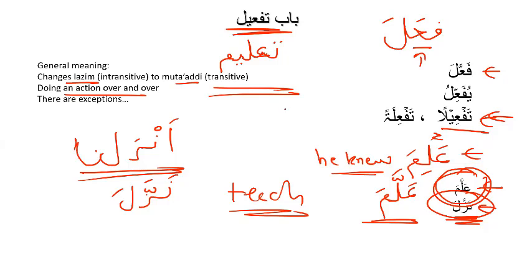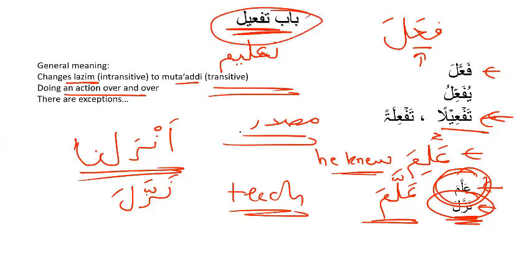This in Arabic is called the masdar. So masdar is the name of the action. In English, sometimes we call this the verbal noun. So all these names of the babs are also called the masdar.